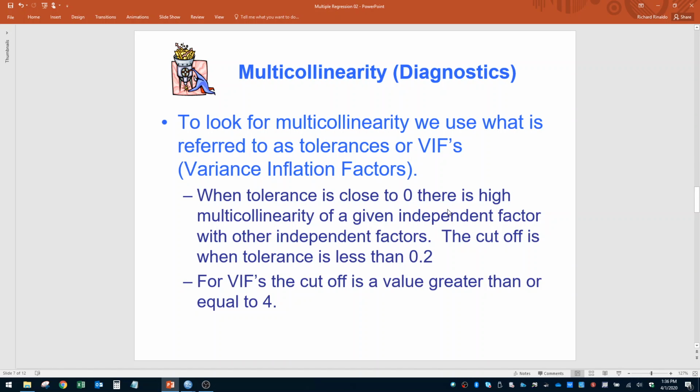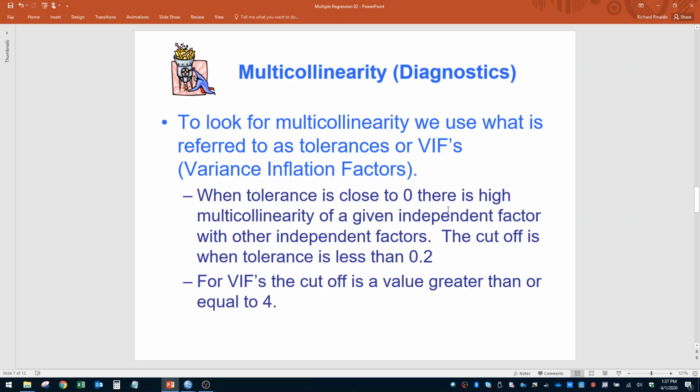Okay, to assess for collinearity, there's a couple of metrics that are available to us to assess multicollinearity with the multiple regression equation. I look for it by what's referred to as tolerances, or what's referred to as a variance inflation factor. A tolerance is a metric of collinearity.